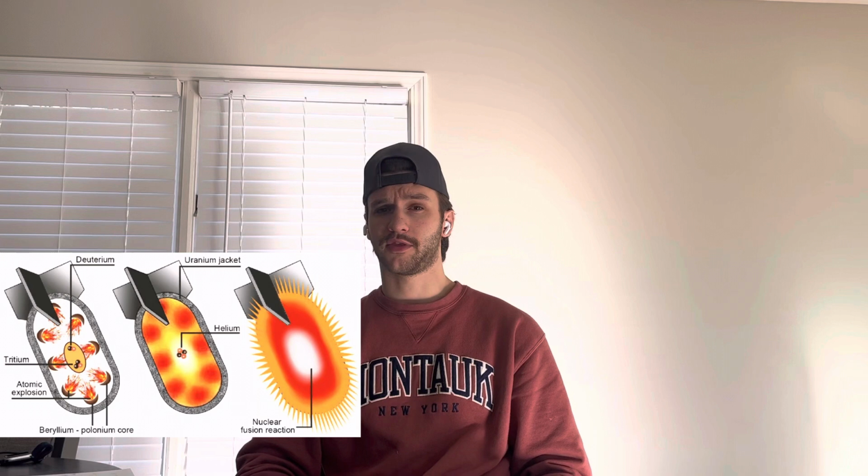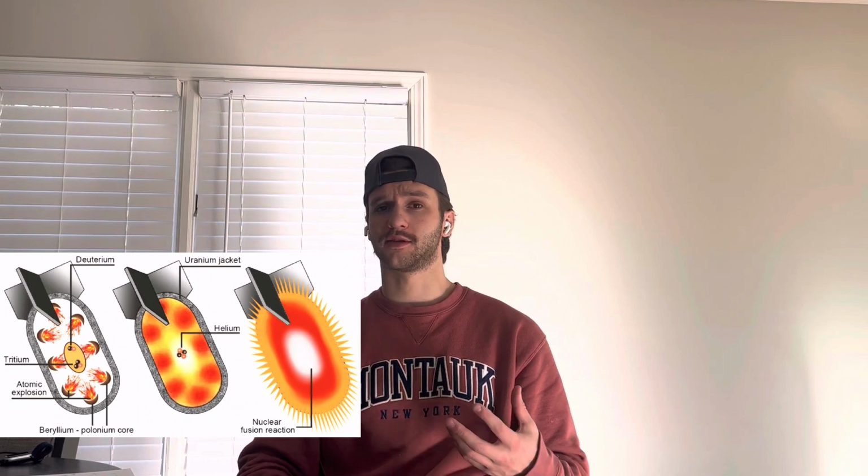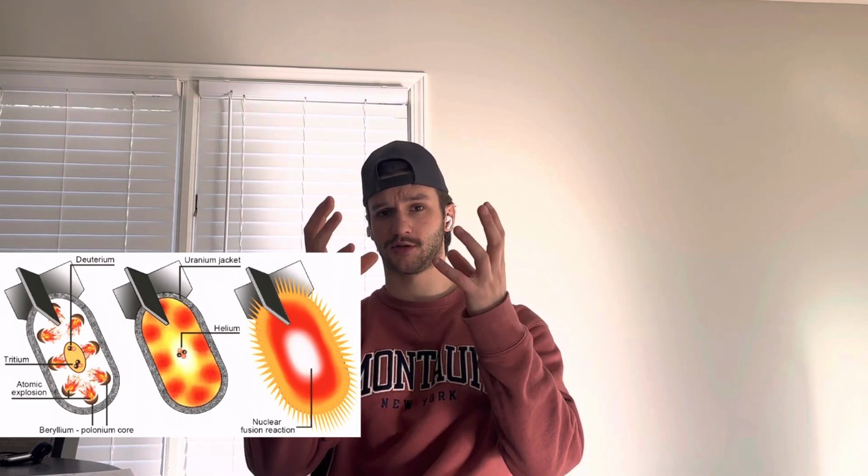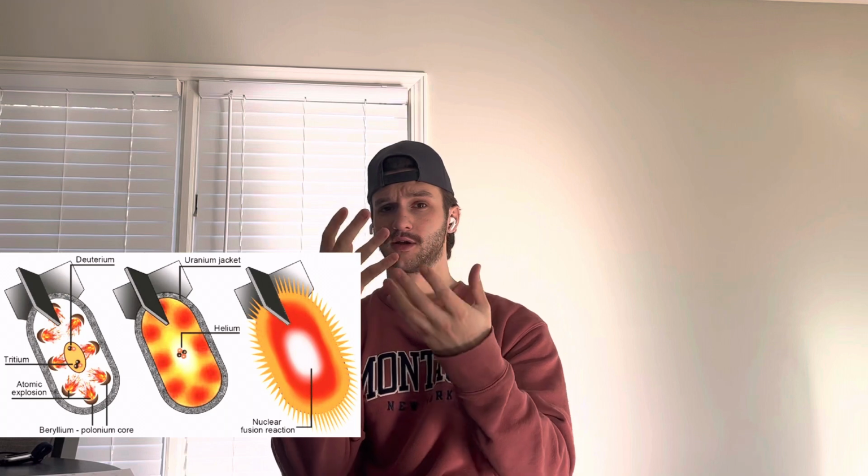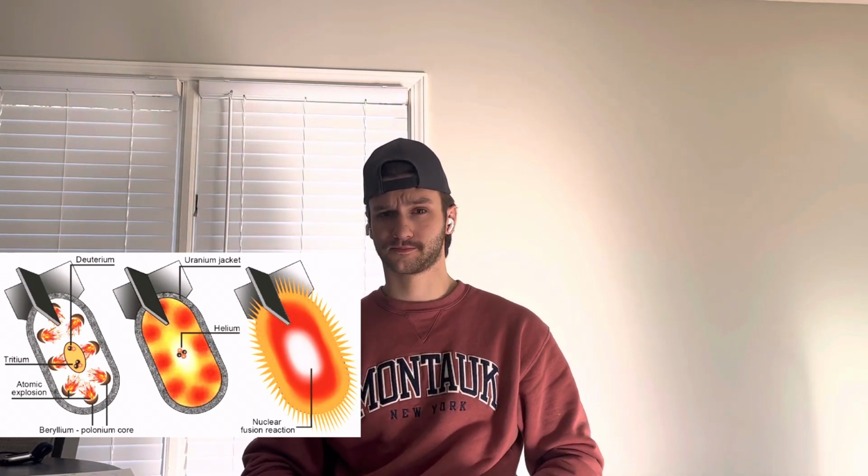Typically, deuterium and tritium are the heavy elements used, along with lithium hydride, to create this small fission explosion that, again, compresses those heavy elements inward to release the atomic nuclei chain reaction.